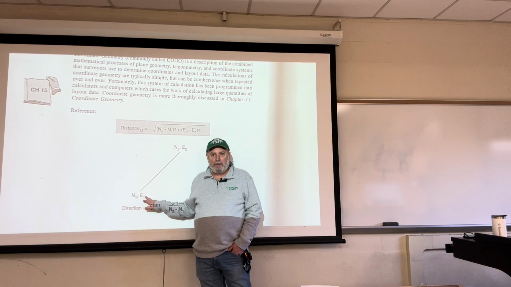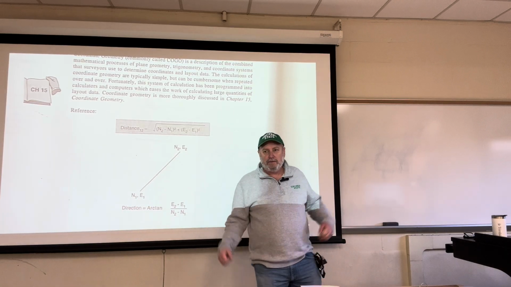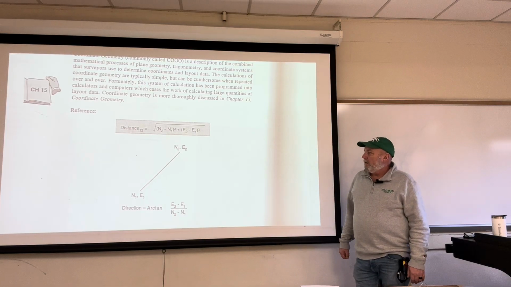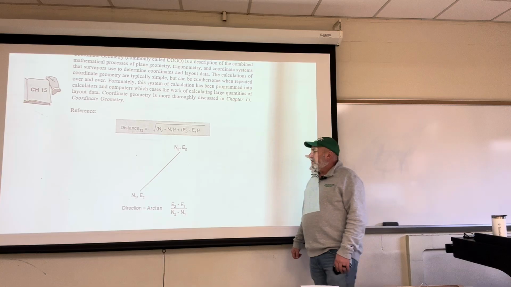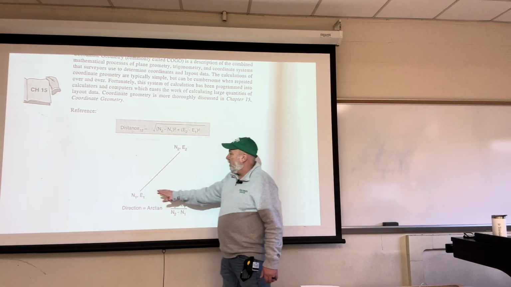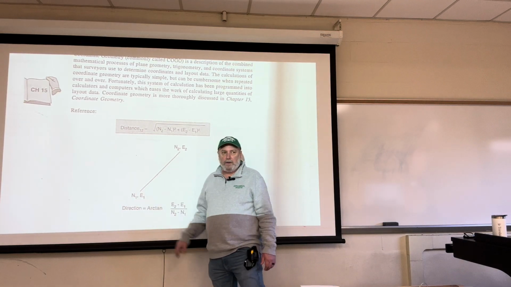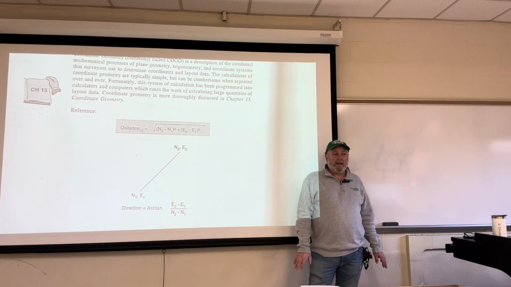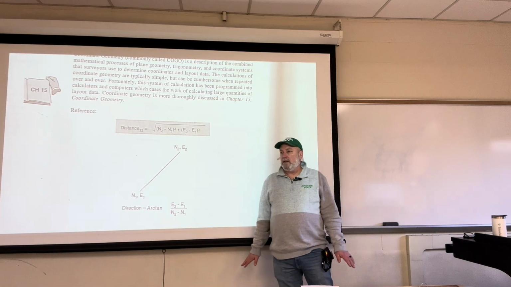Your Y is your north and your X is your east. Let's not make it any more confusing. So if you have coordinates on two ends of points, you can calculate the direction and the distance.